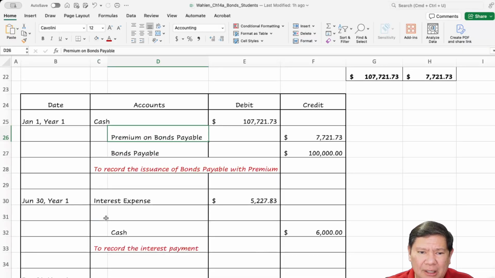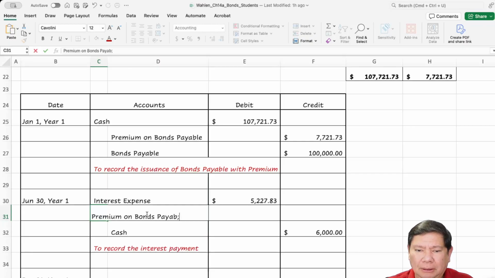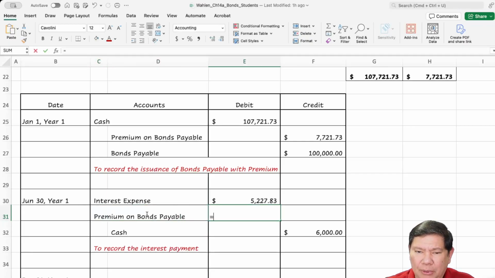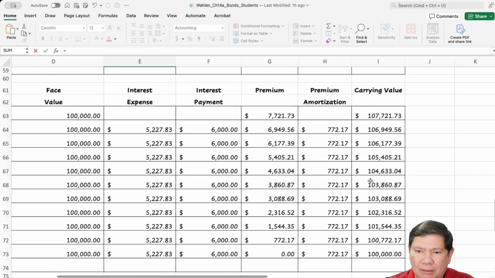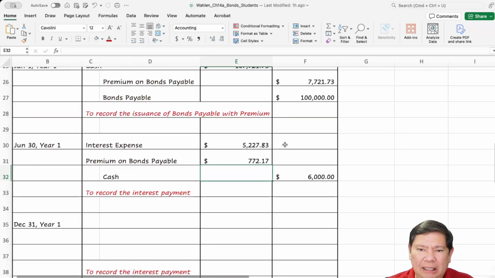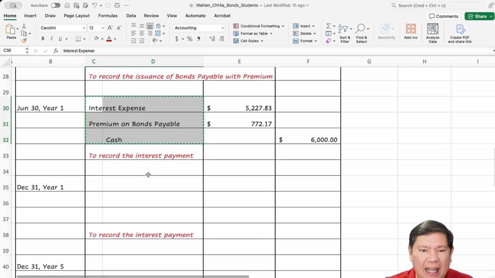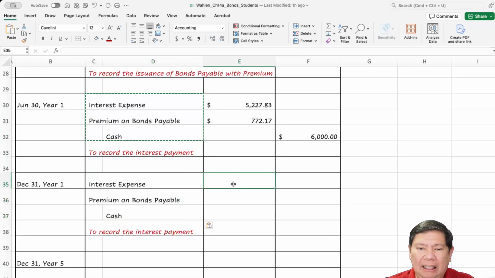Because premium is on credit, to amortize, we put it on debit: premium on bonds payable, which is from this one here, 772.17. So you see the left-hand side and the right-hand side are the same. And because we are using straight line, all the journal entries for the interest payment will still be the same, and the amount will also be the same.